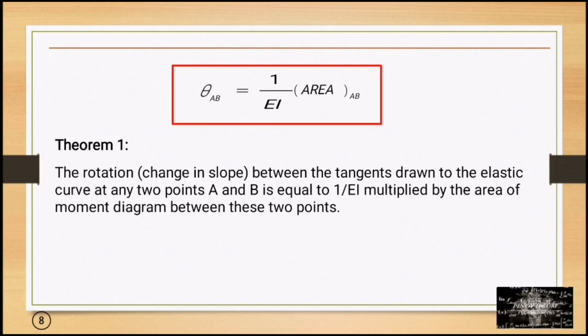Theorem 1 states that the rotation or change in slope between the tangents drawn to the elastic curve at any points A and B is equal to 1 over EI multiplied by the area of the moment diagram between these points.